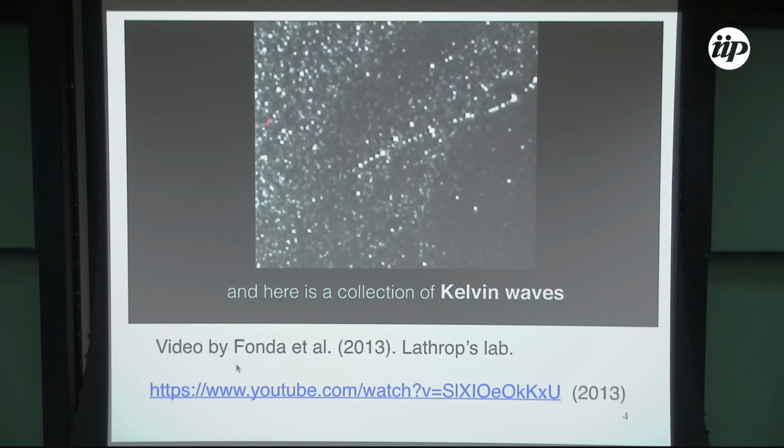But you see here, you have thousands of particles that are not attached to the vortex filaments. You would like to follow them to see what they are doing. In this way, you can get some information about the global or even local properties of the flow. Typically, you have a counterflow where the normal flow goes in one direction and the superflow in the opposite direction.